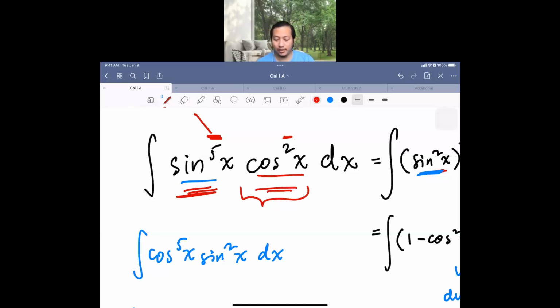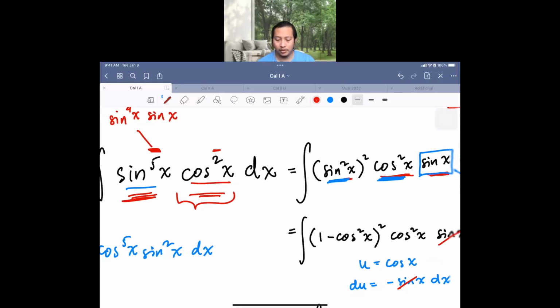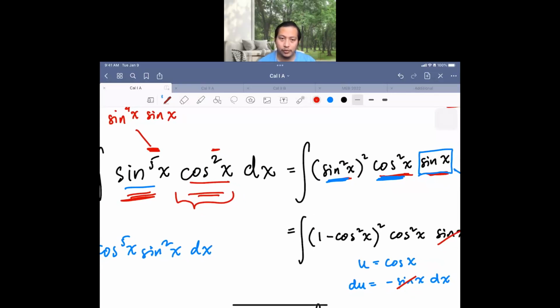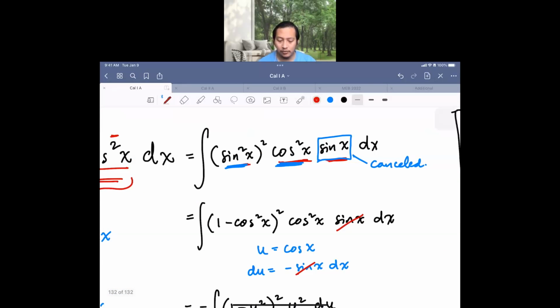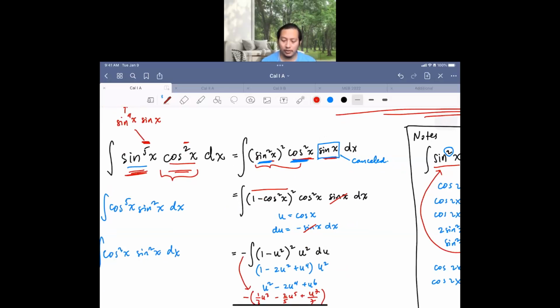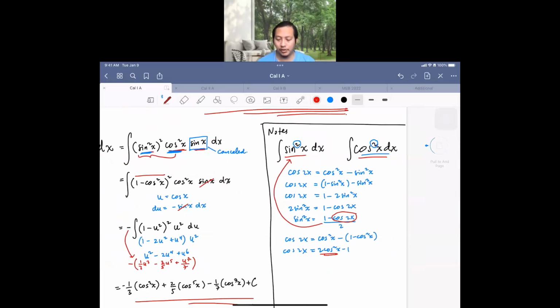So what we did here is see some connection between sine with power of 5 and cosine squared. We can separate it into two elements, and then separate one cos squared x like this, and later on we can simplify and cancel the sine x with the u substitution. It's a different case from the double angle.